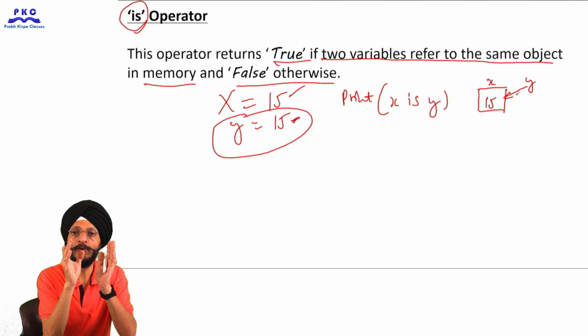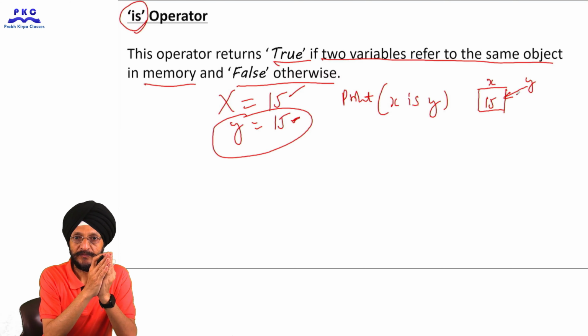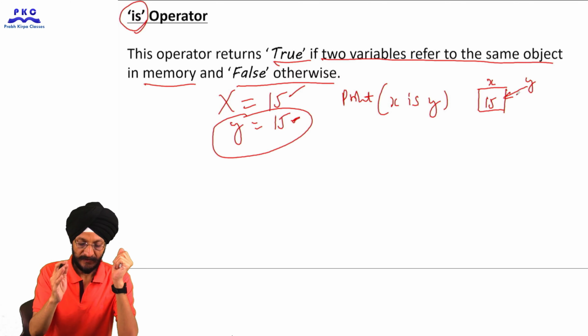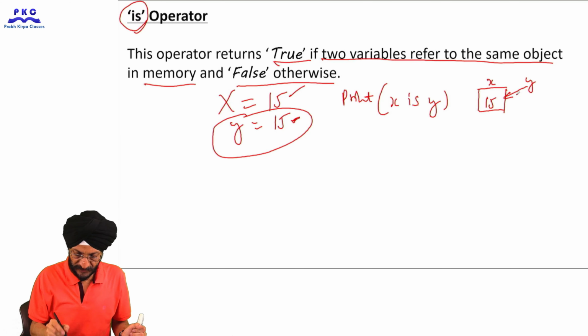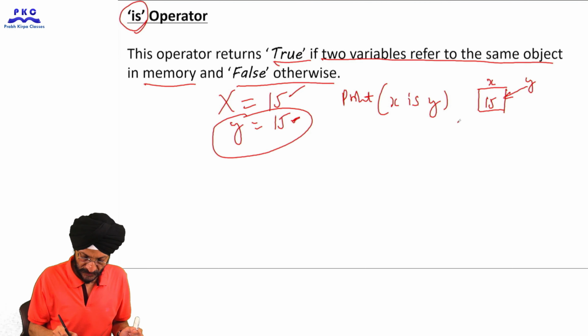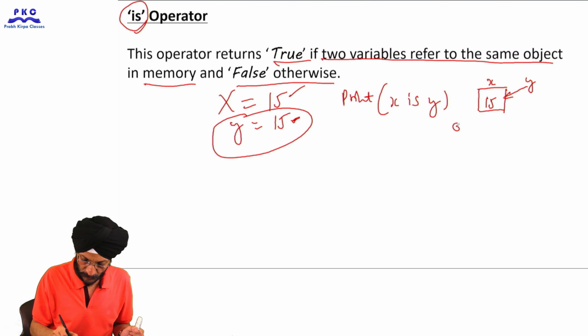That is, the memory location of the object in case of x and y will be the same. The memory location or memory address may also be called object ID.